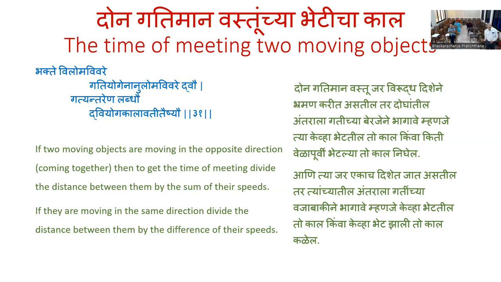So if they are moving in viloma vivare, so it is the opposite direction, then you should divide by gati yoga. And if they are anuloma, meaning in the same direction, then you should divide by gatyantara. So this is roughly the meaning. In this way you are finding dviyoga kalau.